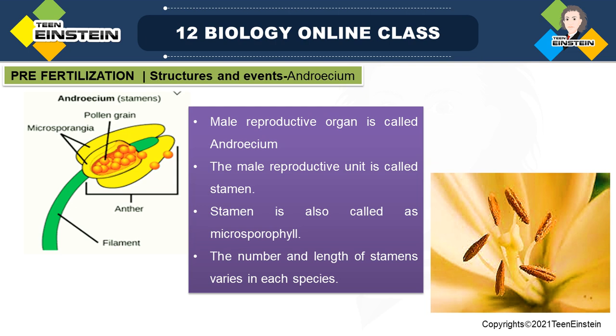In this male reproductive organ, androecium, which is the male reproductive unit?